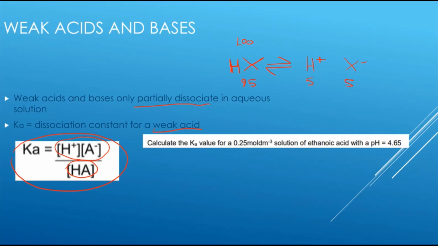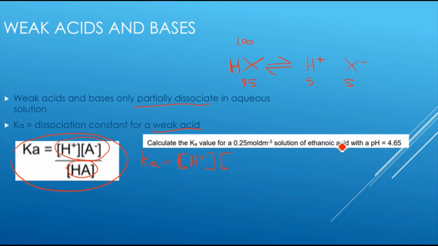Okay, so we can get questions asking us to calculate the value of Ka, and what I would always do is approach this question by writing the Ka equation down for that particular reaction. So Ka is always going to be equal to H+ and then the A-.